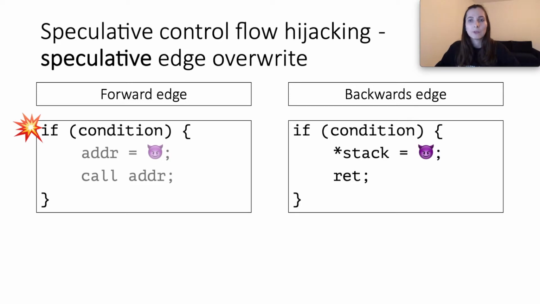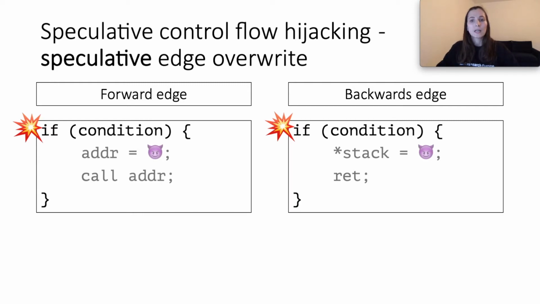Subsequently, the CPU speculatively executes the call instruction, directing the control flow to the attacker address. On the right, the same situation exists when a return address stored on the stack is overwritten with an attacker's target. In these examples, the full attack is conducted speculatively.